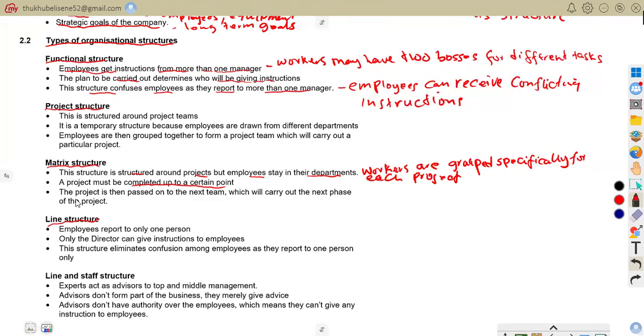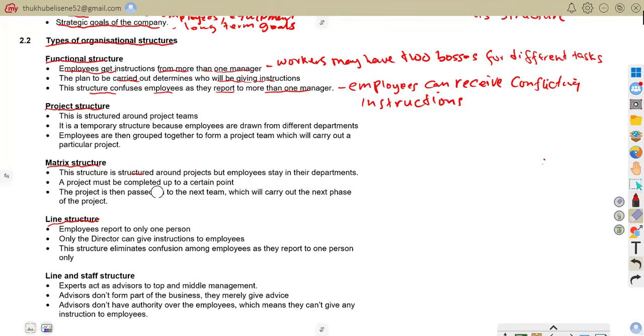Sorry, good people. I was supposed to do the project structure, not the matrix structure.